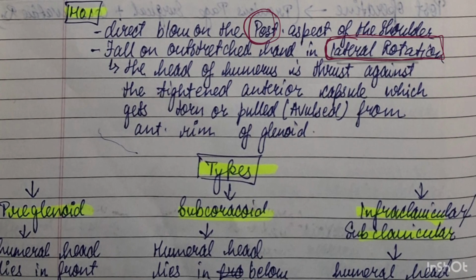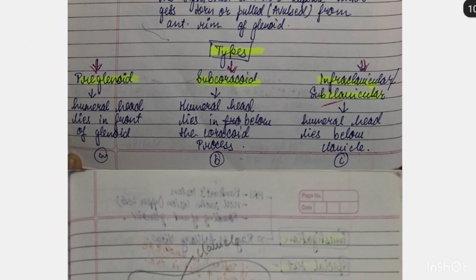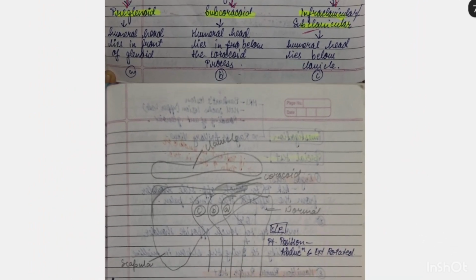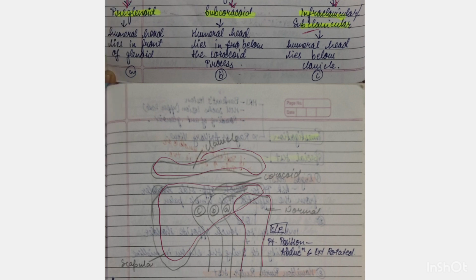Anterior dislocation also has three subtypes: preglenoid, subcoracoid and infraclavicular, which is also known as subclavicular. We are going to see this with the diagram to understand it better. As you can see, this is the clavicle, this is the scapula, and this is the normal position of the humerus in relation to the scapula and clavicle.